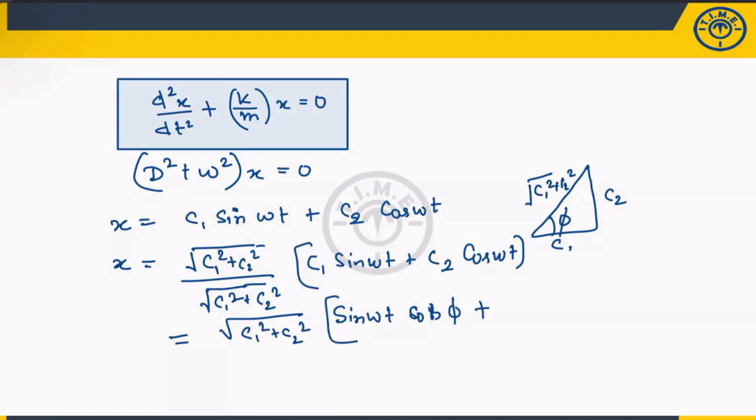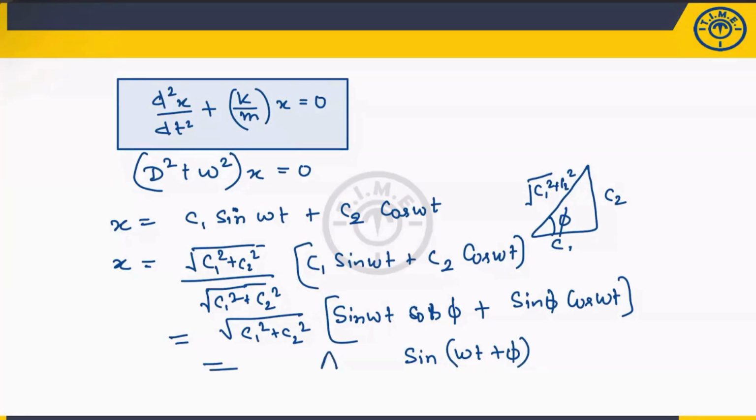Similarly, c2 divided by this means the sine component: sin φ is perpendicular divided by hypotenuse. So I can write sin φ cos ωt. Since sin A cos B plus cos A sin B is sin(A + B), I can write simply sin(ωt + φ).